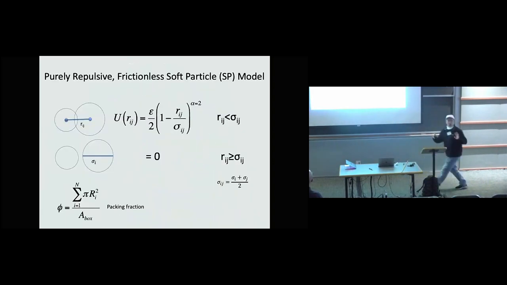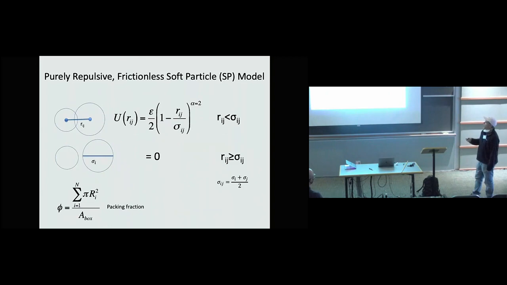Sorry, I got a little ahead of myself. The simplest model you can do is this one, where the grains basically just have excluded volume interactions. When the separation between the centers of the disks or the spheres is less than the sum of their radii, there's an interaction that causes them to repel each other. There's a force that causes them to repel each other.